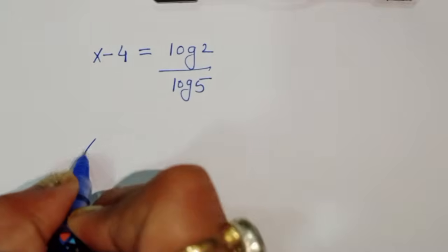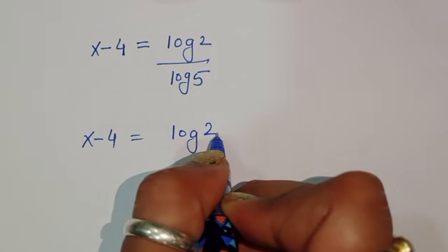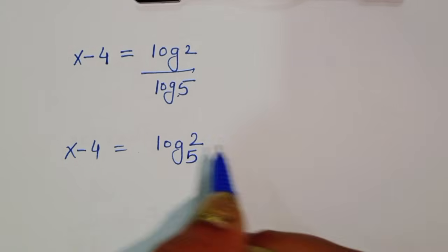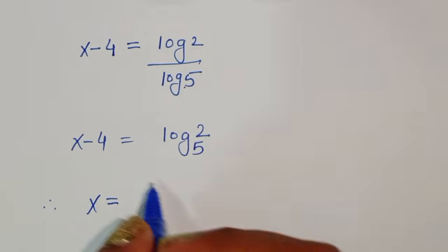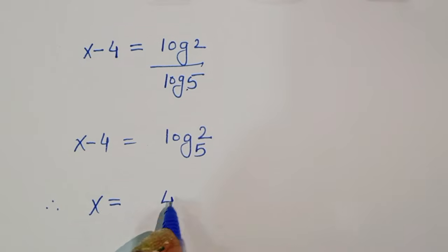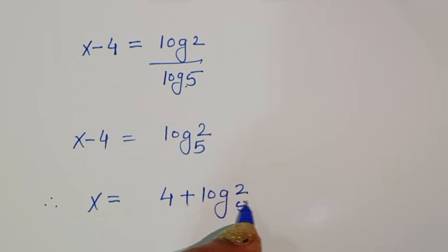So we can write x minus 4 is equal to log of 2 to the base 5. Therefore x is equal to, this is minus 4, so it will become plus 4. So 4 plus log of 2 to the base 5.